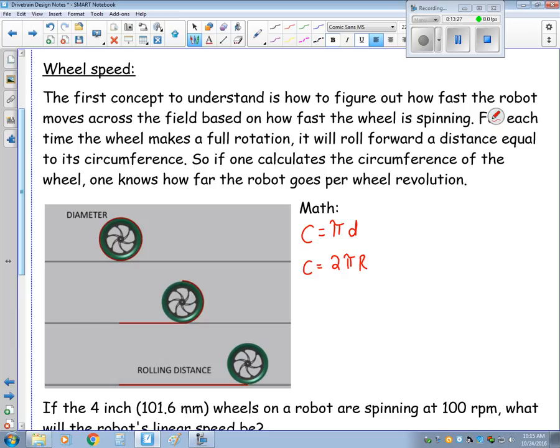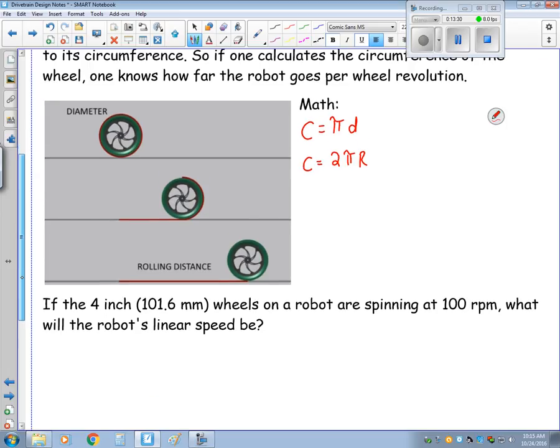So we can go through then. We know that if we're using 4-inch wheels, the radius would be 2 inches. So the circumference would be 2 times pi times 2 inches. You can round pi to 3. So really we got 2 times 3, which is 6, times 2, which is 12 inches. So for our high traction and our omnidirectional wheels, which are 4-inch wheels, it'll travel about 12 inches for one rotation.